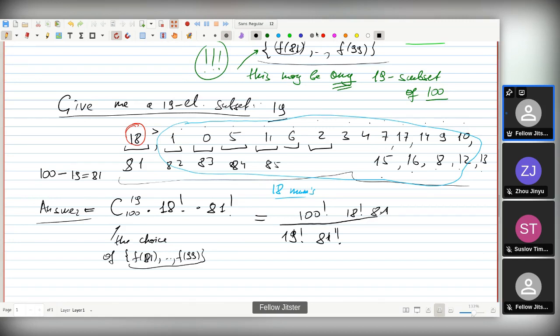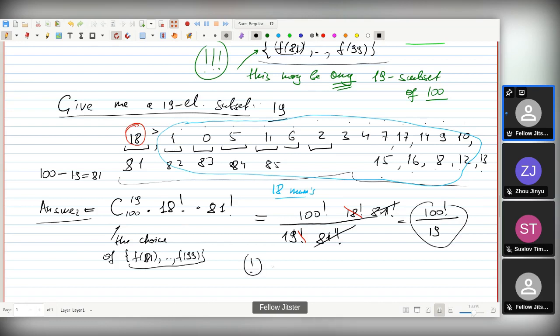What do we have? This is cancelled out. 18 factorial over 19 factorial. What is it? 1 over 19. So it is the overall number of bijections over 19.